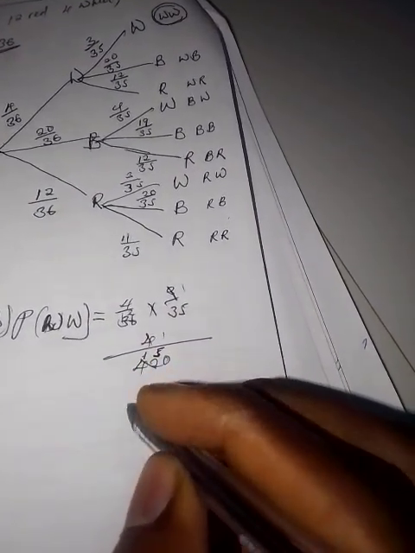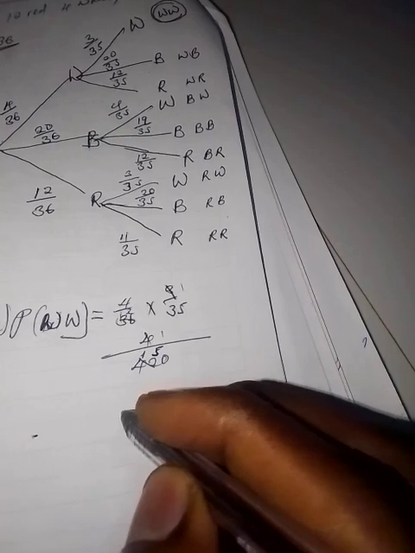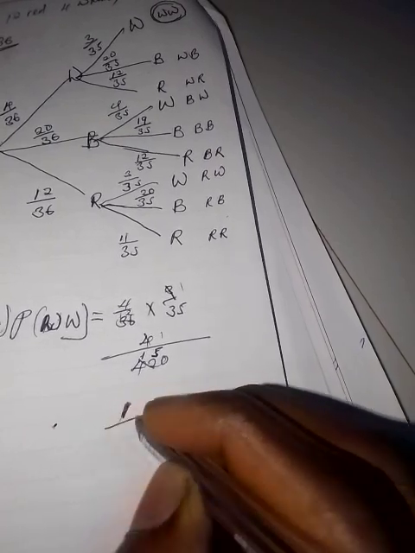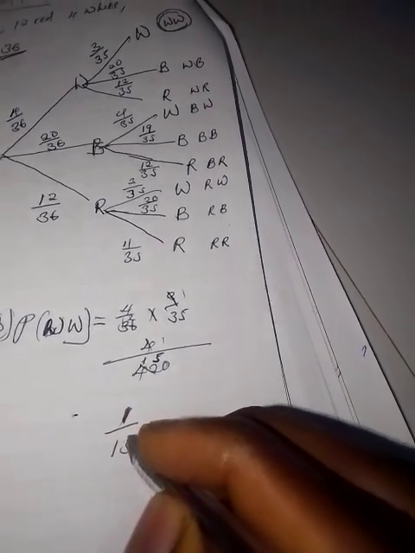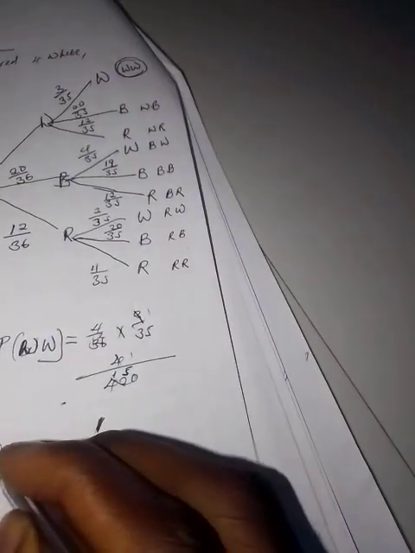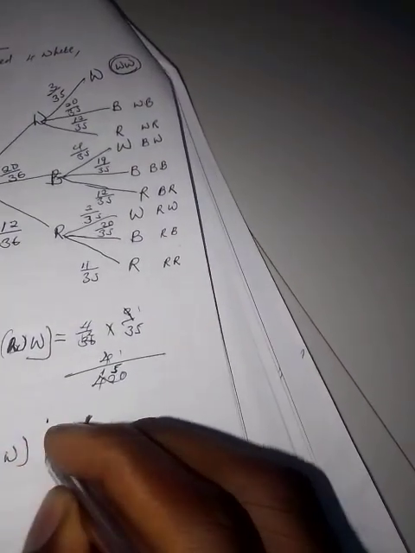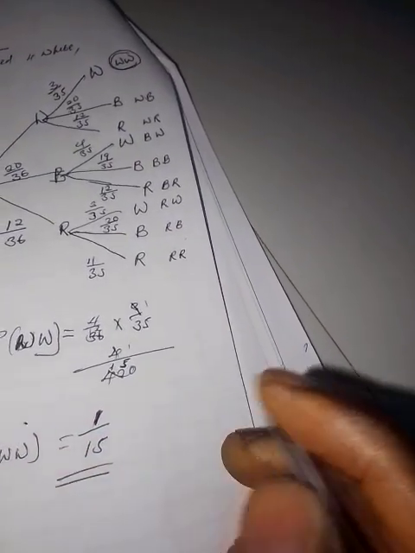So it will be 1 out of 15. Probability that both are white equal to 1 out of 15.